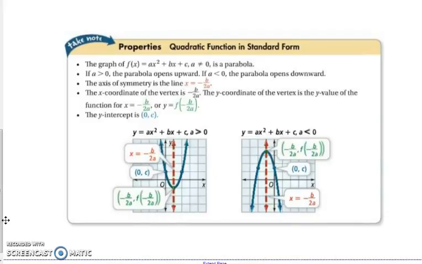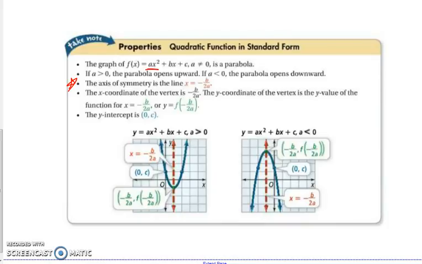Okay, now properties of quadratics. Remember when we have f of x equals ax squared plus bx plus c, where the a does not equal 0, we have a parabola. When the a is greater than 0, or in other words positive, the parabola opens up. And if the a is less than 0, meaning we have a negative value, it opens down. The axis of symmetry is x equals negative b over 2a.